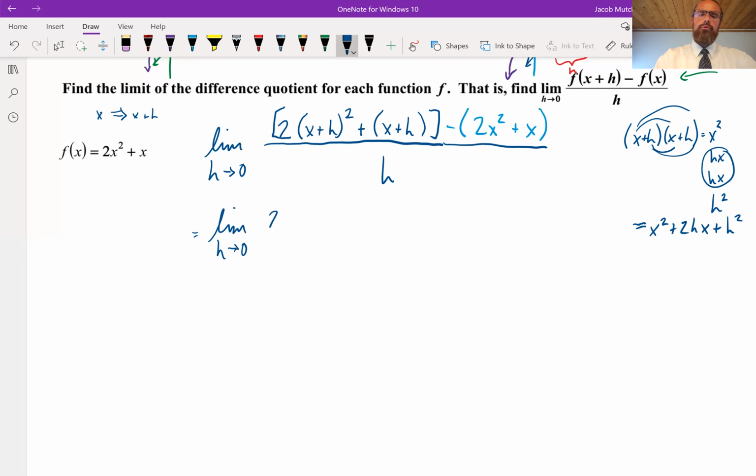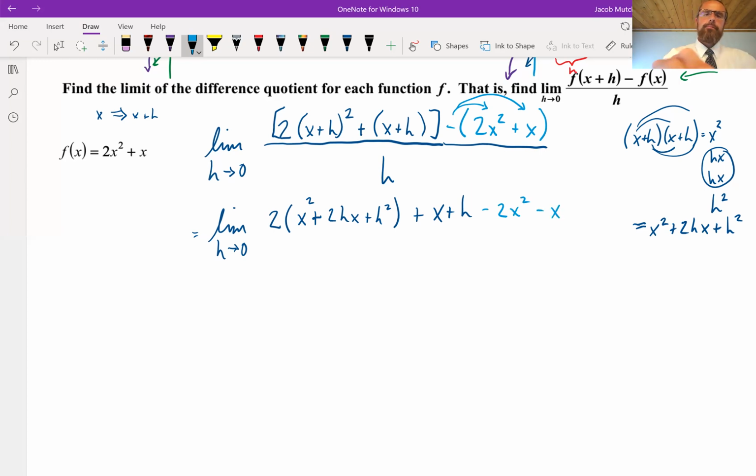So this is now 2 times that x plus h squared, which is x squared plus 2hx plus h squared, plus x plus h. So at this point, I can leave that out of parentheses. And then over here, I need to distribute this negative. So we're kind of picking up the simplifying as we encounter it. So that's negative 2x squared minus x. Still all over h. So we've got to keep going.